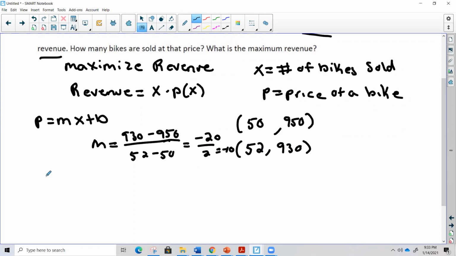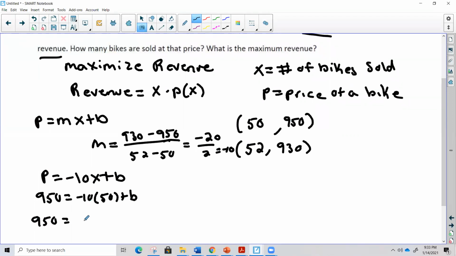So I'm going to plug that negative 10 in for my M, and then I have to find B. I can use either point, so I'll just use the 50, 950. My P is 950, my X is 50, and then I'm going to use this to find B. So negative 10 times 50 is negative 500.